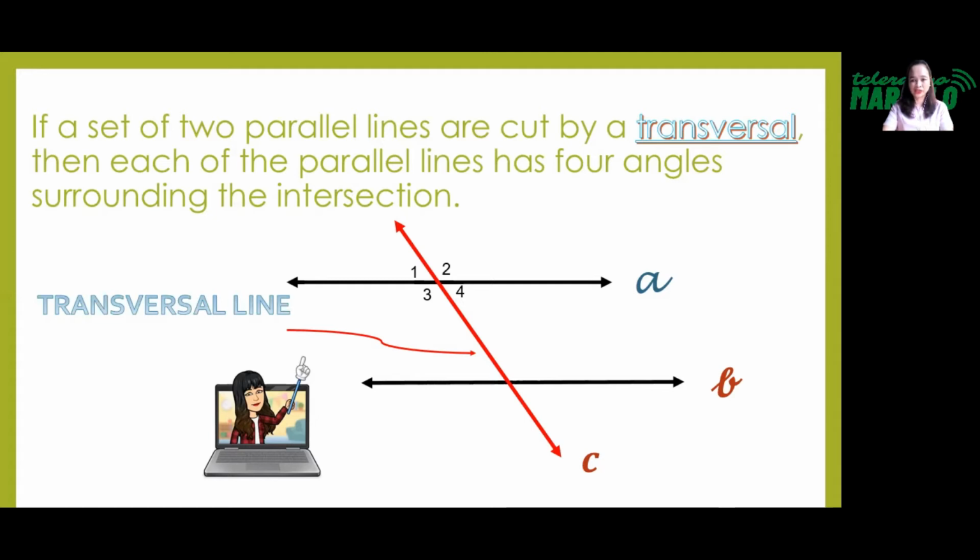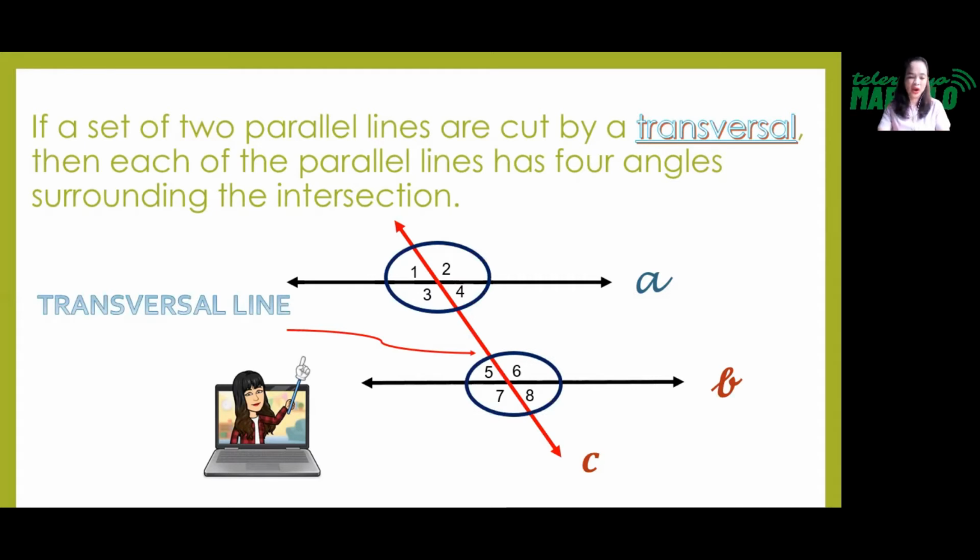Likewise, on the intersection of line B and C, we have angle 5, angle 6, angle 7, and angle 8. And these are the four angles surrounding the intersection.